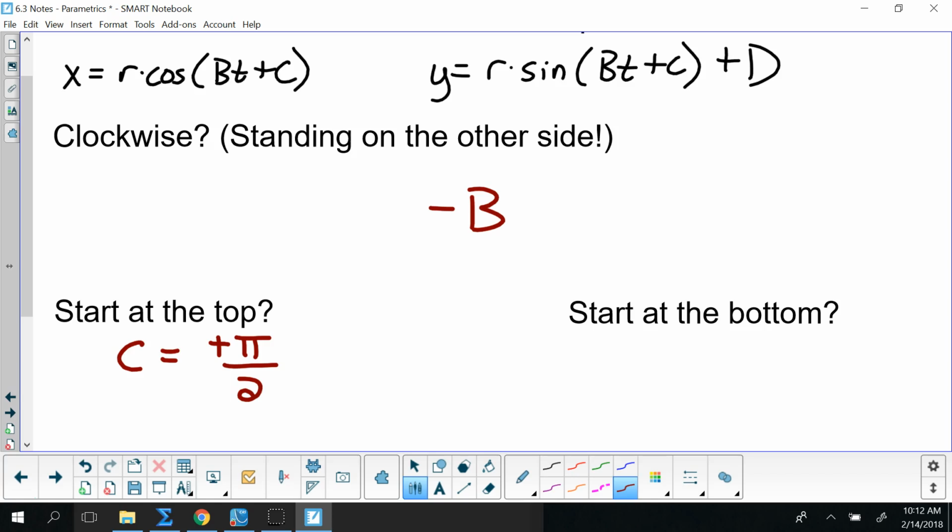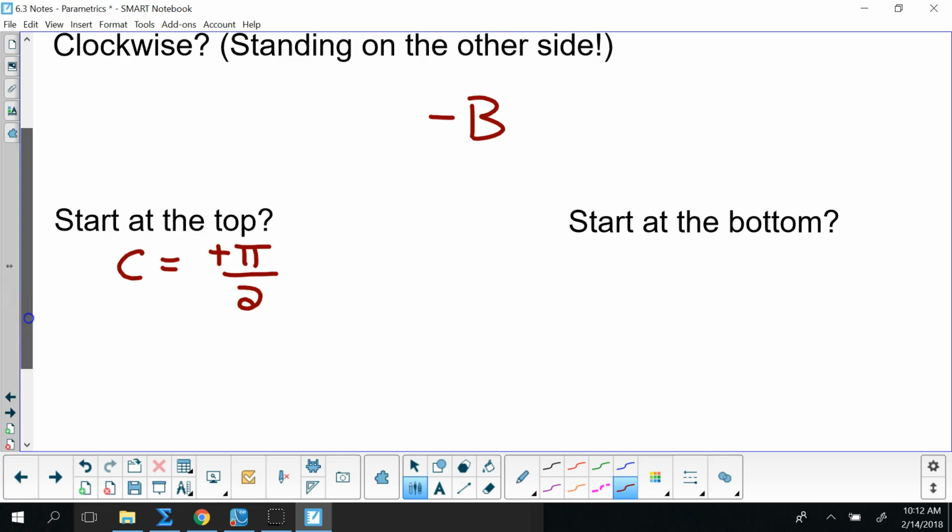Could it be anything else? What do you got? Positive or negative? It could be negative 3 pi over 2. Could it be anything else?